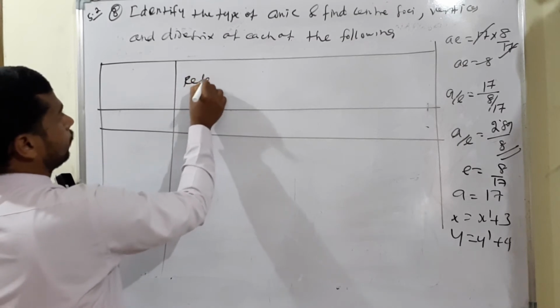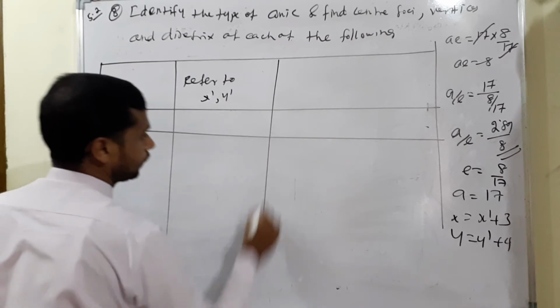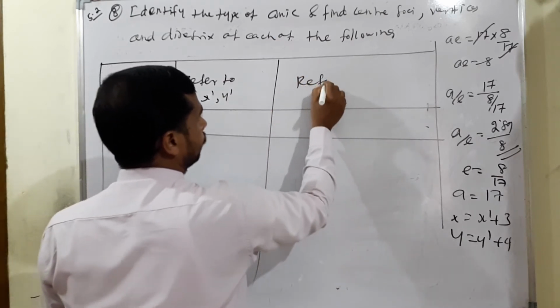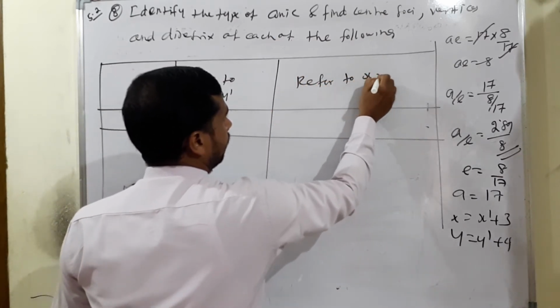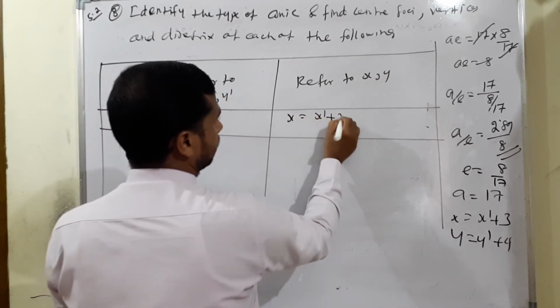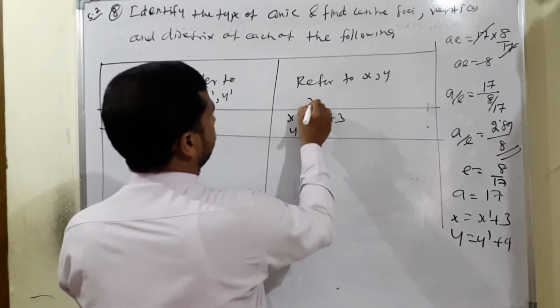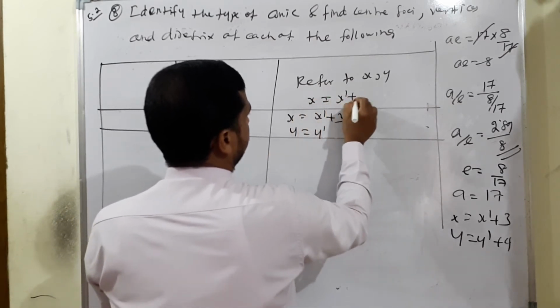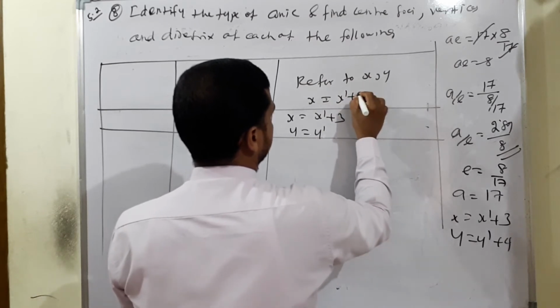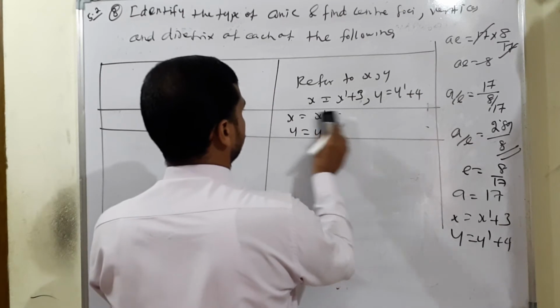Refer to x dash and y dash, then refer to x comma y. What is the term of x? X is equal to x dash plus 3, then y is equal to y dash plus 4.